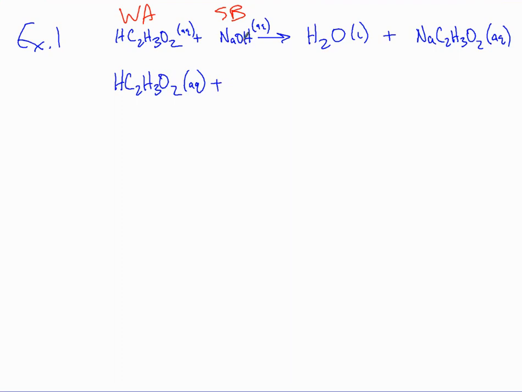Remember, in the net equation, we don't want to show spectators. So let's take a look here. Sodium is aqueous here. Sodium is aqueous here. That makes it a spectator. That means we're going to leave it out of this. And so for the base, the only thing we have to write is hydroxide. So no state there. This is where you don't have to write the state, because if you write the charge, it is implied that it's aqueous.